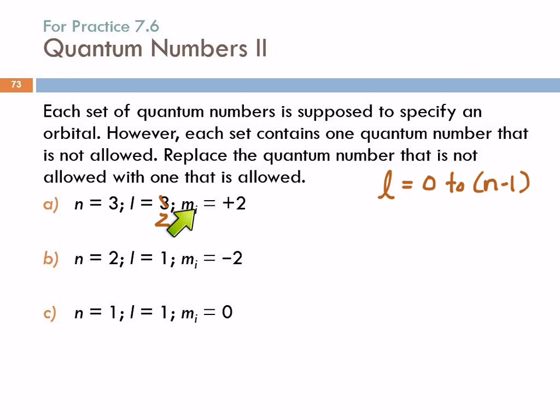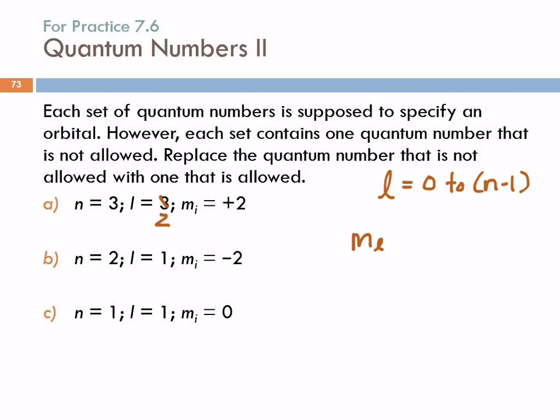Could M sub L, I don't know how these things happen. It's amazing more of these things don't happen. And that's a typo. M sub L, could M sub L equal plus 2 if L equals 2? Yeah.